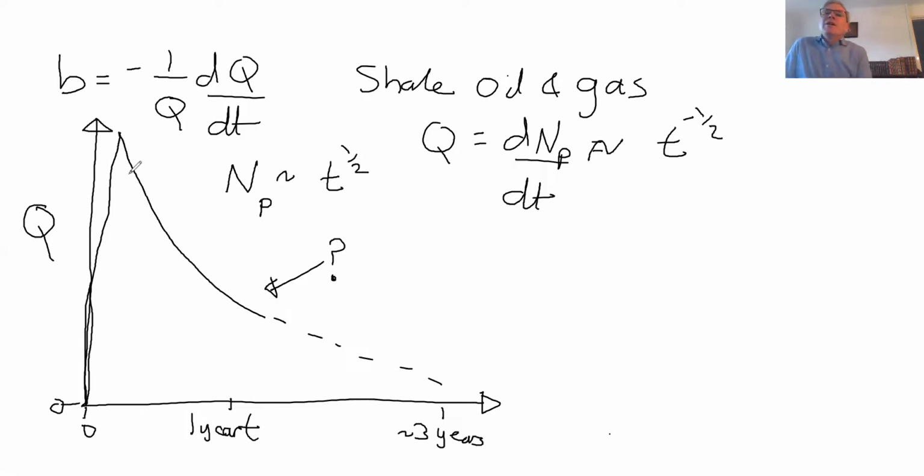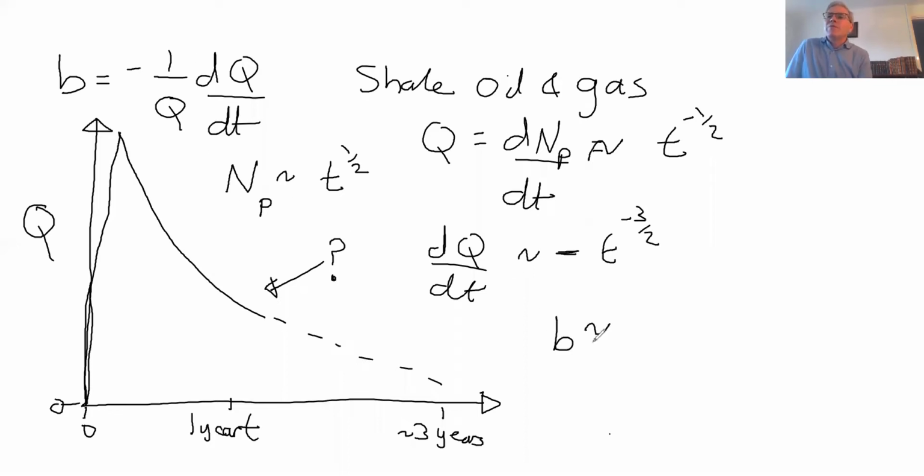Then dq/dt goes as minus a half t to the minus 3 over 2. So B scales as 1 over q, so that's t to the minus a half, q divided by dq/dt, and that's 1 over q, so it's plus. The minus signs disappear, so that goes as 1 over t, which goes as q squared.